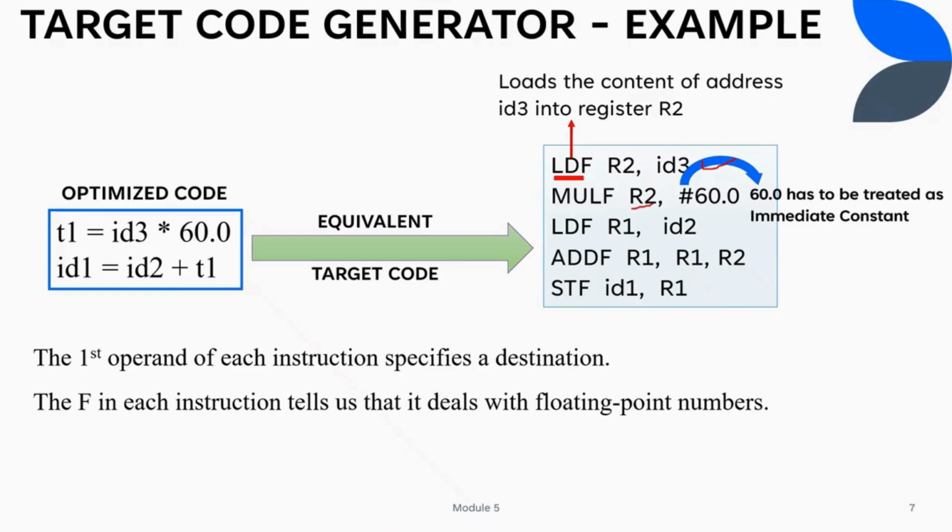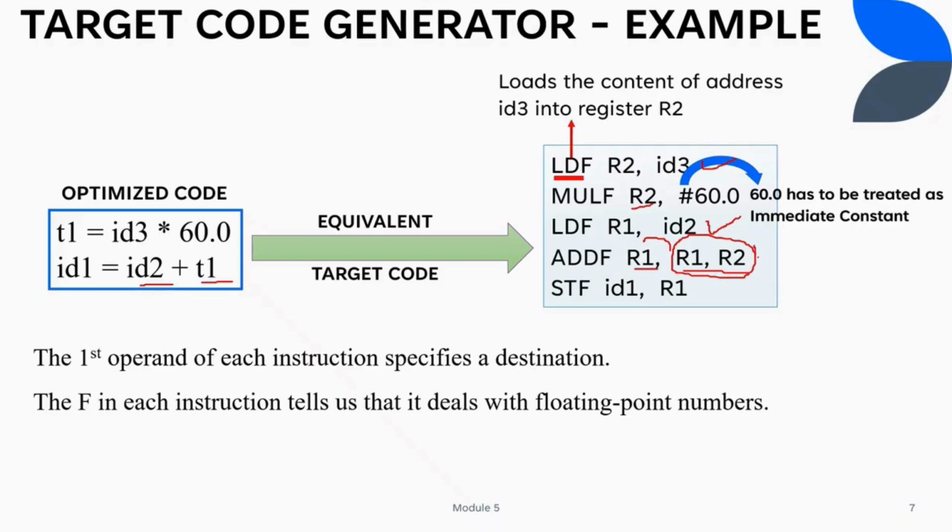The next instruction is what? ID2 plus T1. Again, ID2 is a variable. Hence, we will first load the value of variable ID2 into register R1. Then we need to add R1 and T1. So what you're doing is addition R1 comma R1 comma R2. This means R1 and R2 will be added and the result will stay in R1.